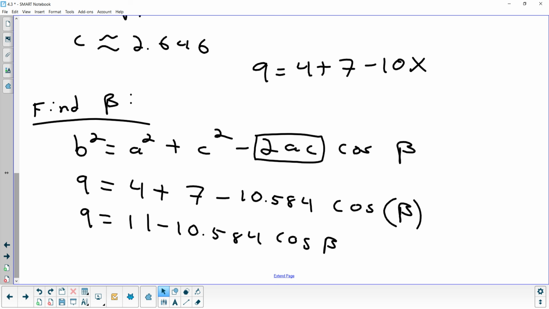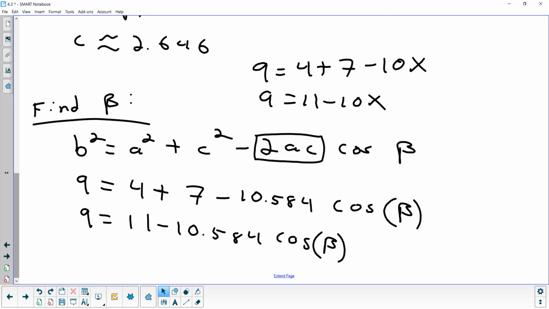Okay. So now, again, this is a step that sometimes people make a mistake on. Whatever you would do in that equation I just wrote up there is exactly the same thing you would do in this equation right here. So what do you think your next step would be?